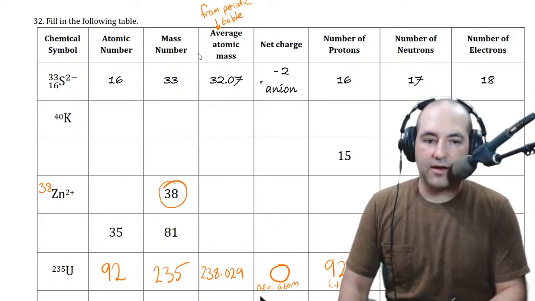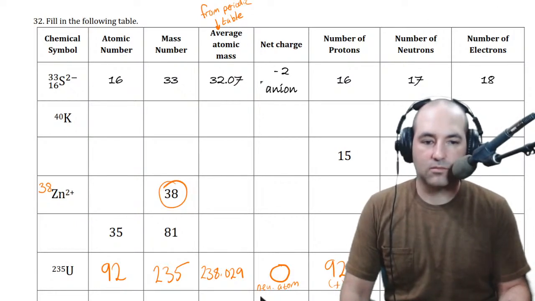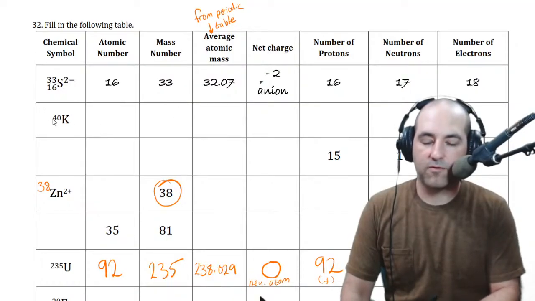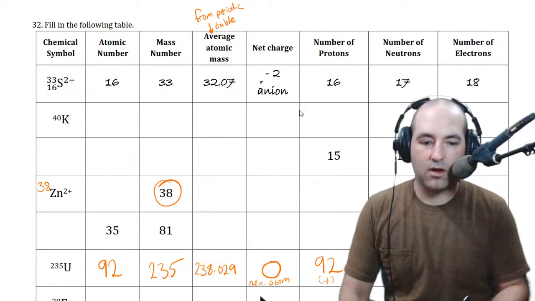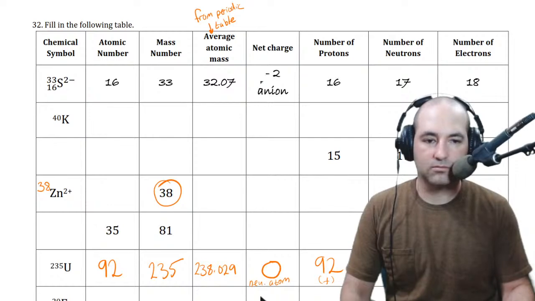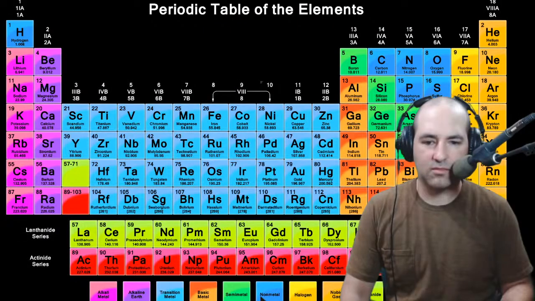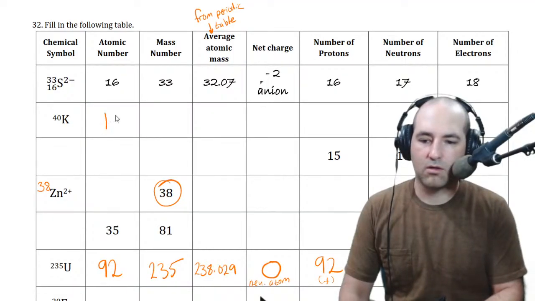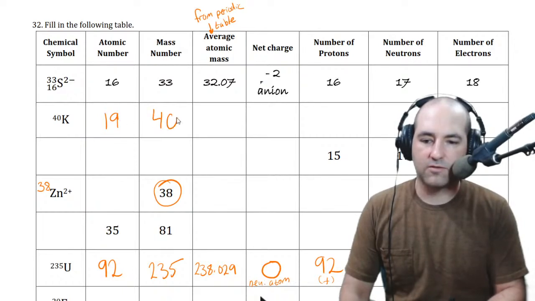So we've got 40K. So potassium is number, I think it's 19. Is that right? Yeah, 19. Mass number is 40.